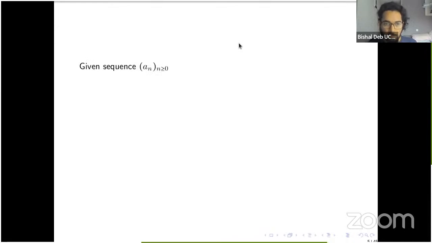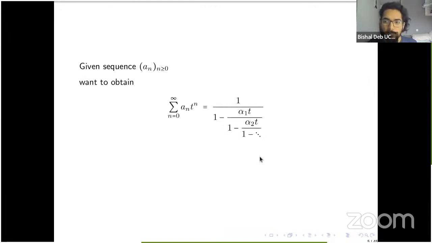If we have a sequence a_n, we take the ordinary generating function and want to write it as a continued fraction if possible, where the alphas should be suitably nice coefficients. When I put this expression, I mean it as a formal power series.